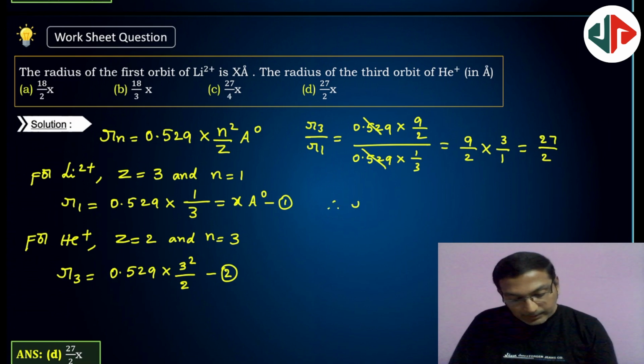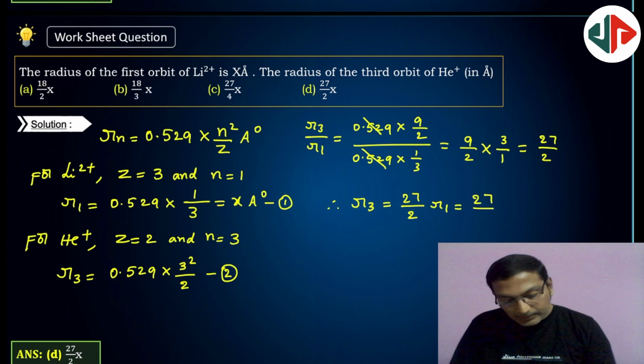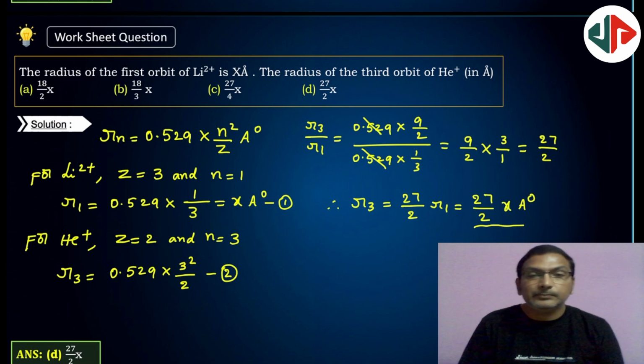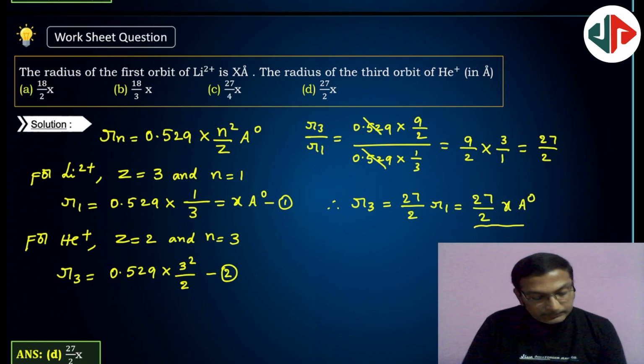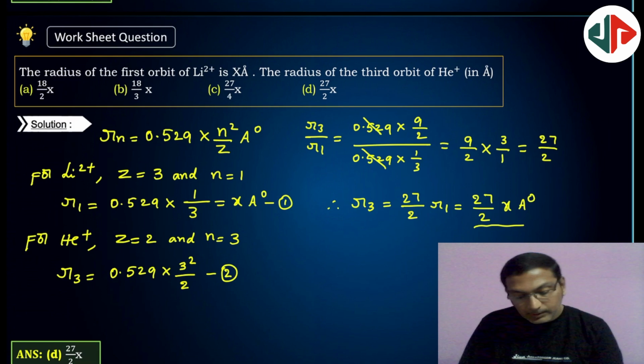So here we have to calculate the R3 value: 27 by 2 into R1. Here R1 is x angstrom units, so that is 27 by 2 into x angstrom units. This will be the answer. So option D.